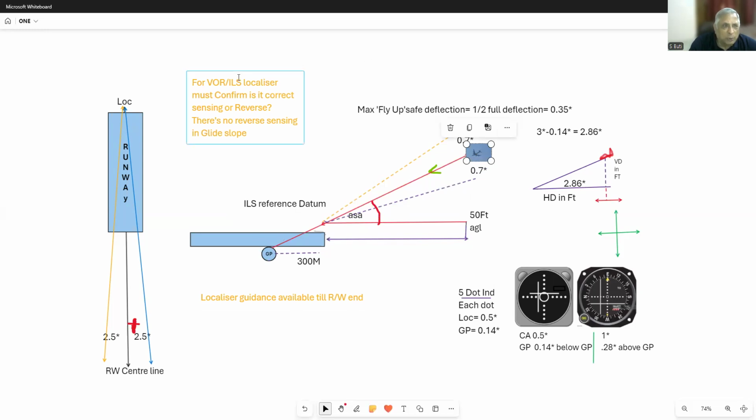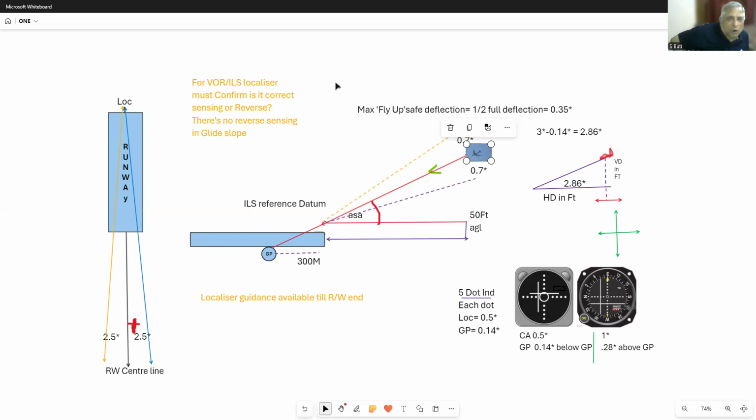Before you solve these numericals, please check whether you are on correct sensing or reverse sensing. Fortunately, in glide slope, there is no reverse sensing. And then you check those numericals, and please remember the OBS which you select is the main point for the VOR or ILS to take into consideration, that is your line of interest.